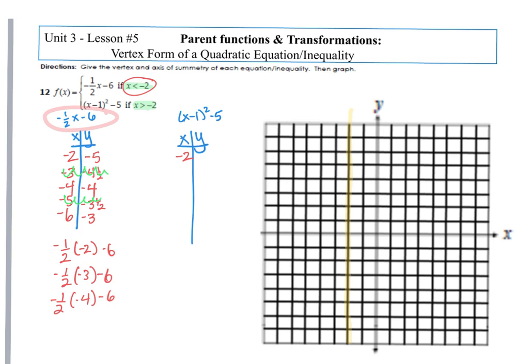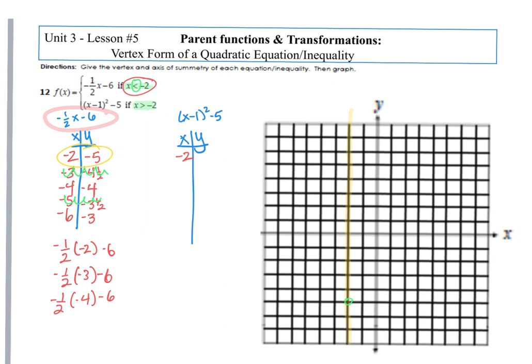They can't be on the same side. So my first point that we're going to plot is negative 2, negative 5, but I'm checking, is this going to be an open circle or a closed circle, because that's the point on the wall. And because it's just a less than sign, not or equal to, it will be an open circle at negative 2, negative 5. So here's 1, 2, 3, 4, 5.